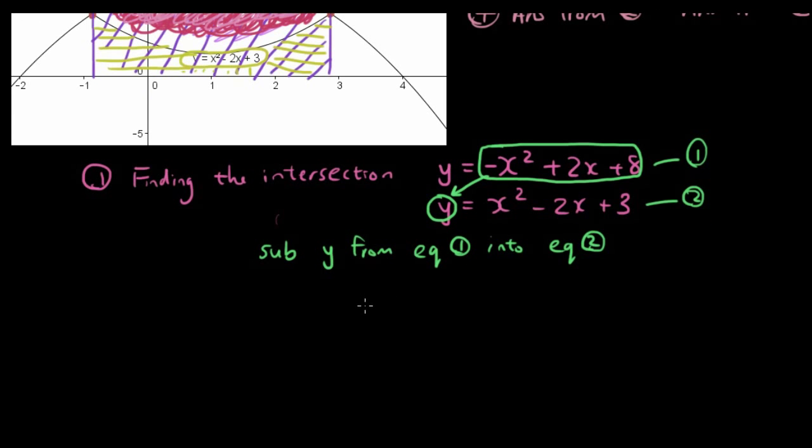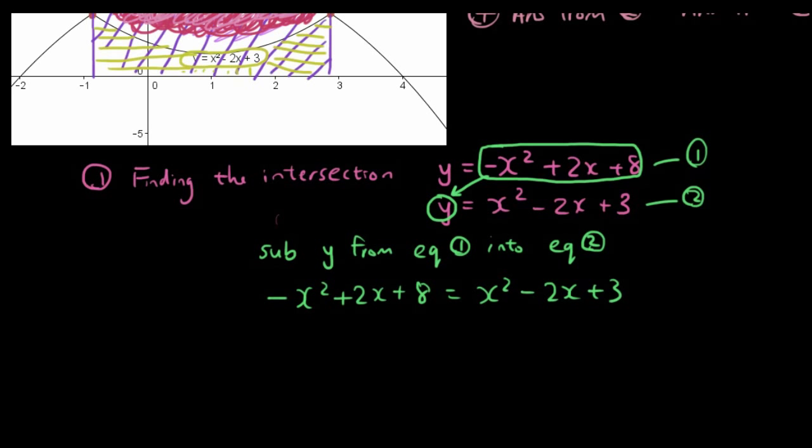So this becomes negative x squared plus 2x plus 8 equals x squared minus 2x plus 3. Now we have one single equation where x is the only variable, and therefore we can solve it.